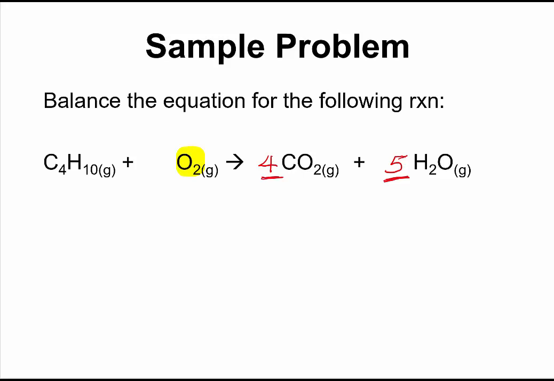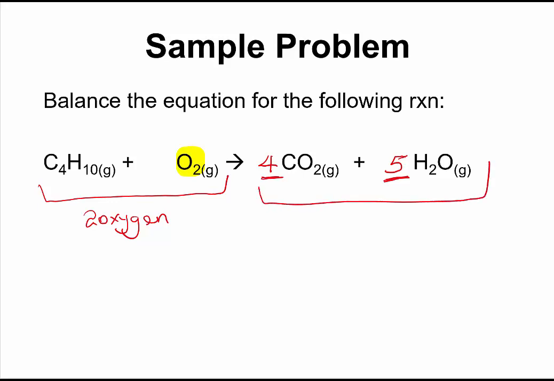Let us now look at the oxygen. Let us balance it. We have 2 oxygen atoms on the reactant side. On the product side, we have 8 oxygen coming from the CO2, and we have 5 oxygen coming from the H2O, which gives us a total of 13 oxygen on the product side.